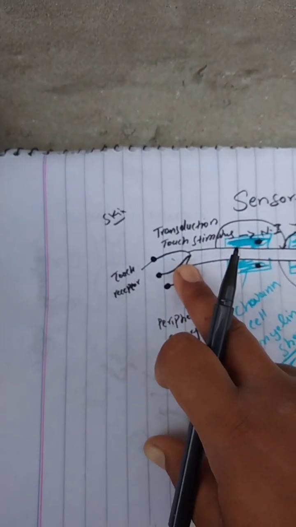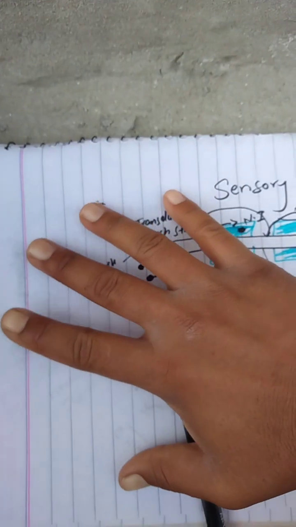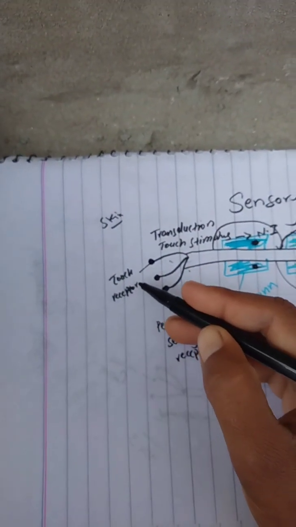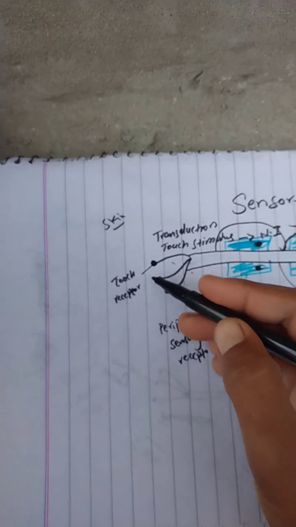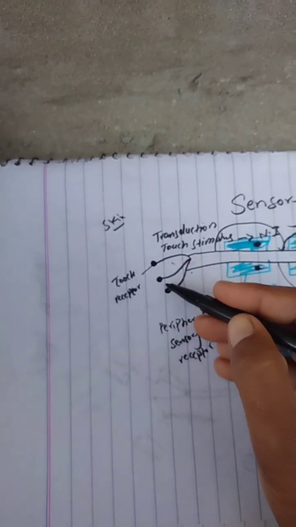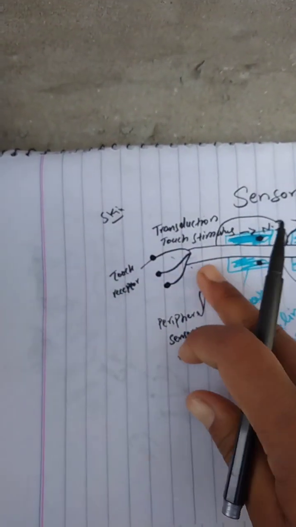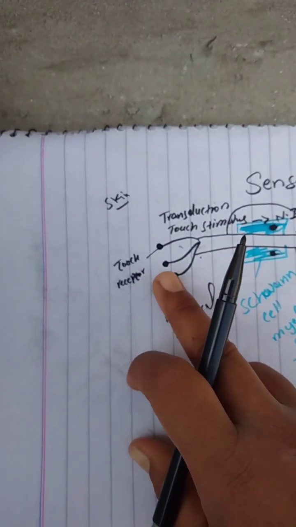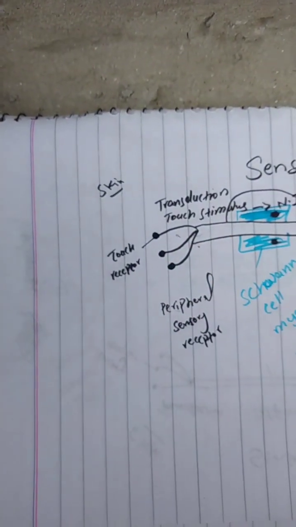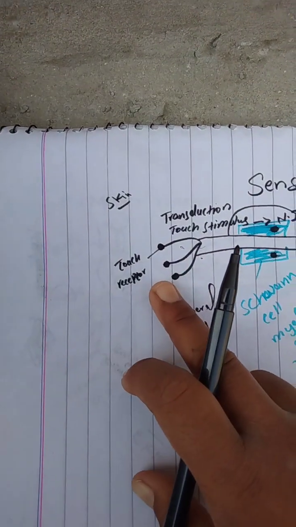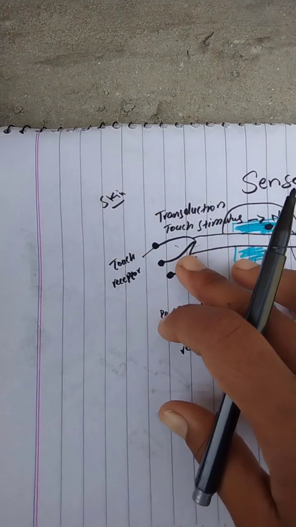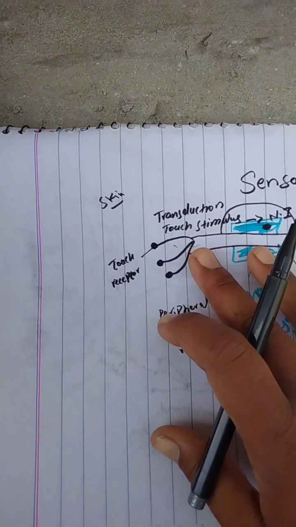So it is skin. Suppose this is our hand. This is skin, and the skin consists of touch receptors. This is the nerve ending of the nerve fibers, the nerve ending touch receptors. So when anyone touches our skin, these touch receptors are stimulated.